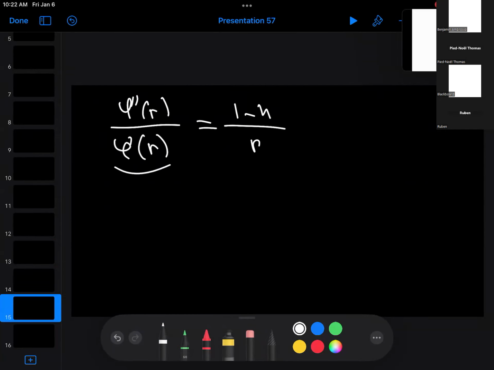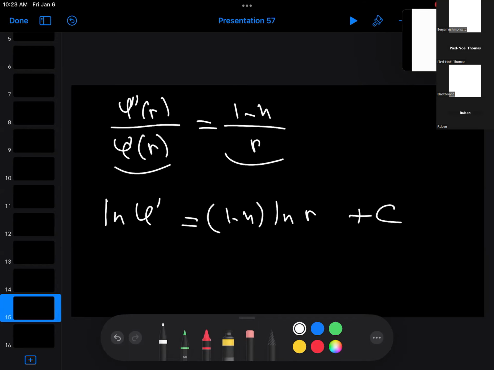I know the indefinite integral of that, it's the log. So let's assume that phi prime is positive. I will get log of phi prime equals 1 minus n times log of r plus some constant.